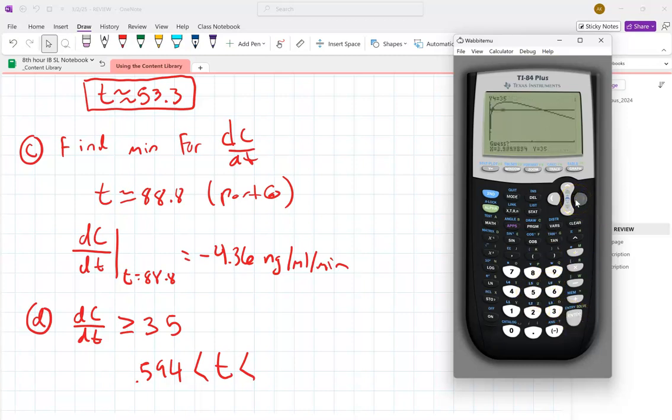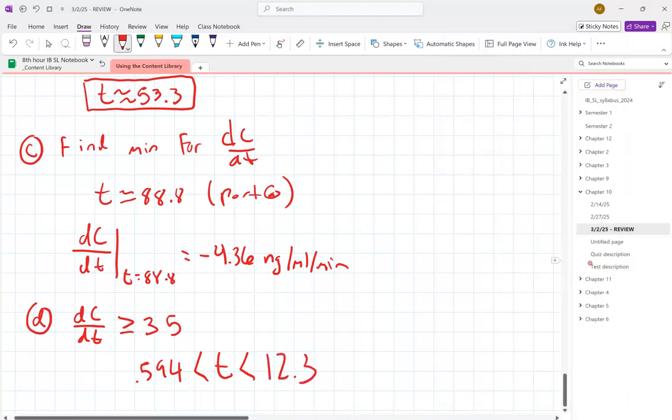My guess has to be down here, that's probably close enough. 12.3. And that's it. It's not that bad.